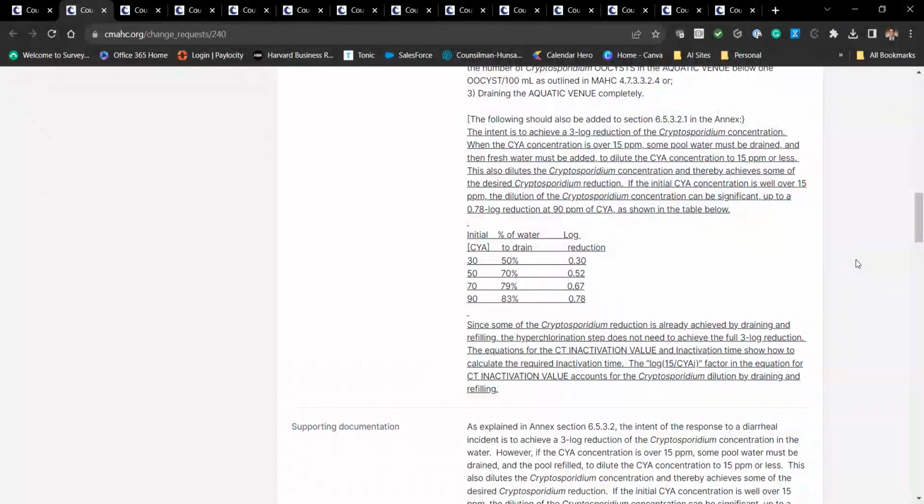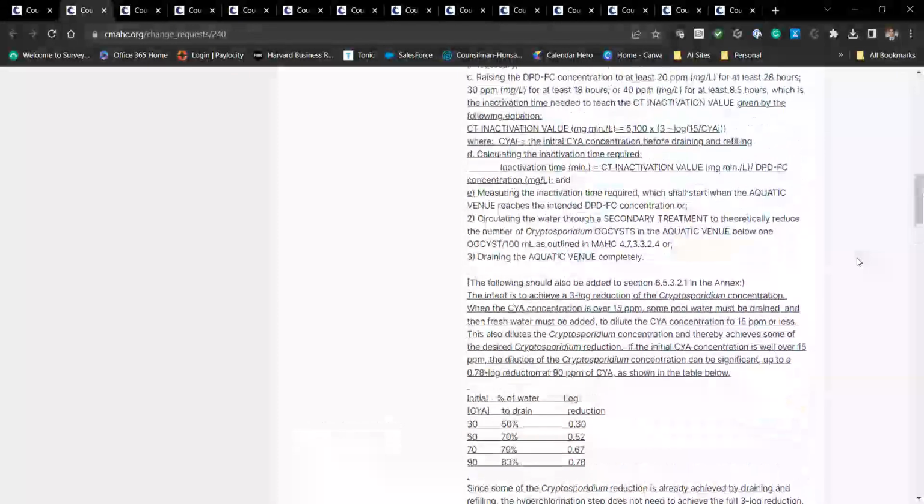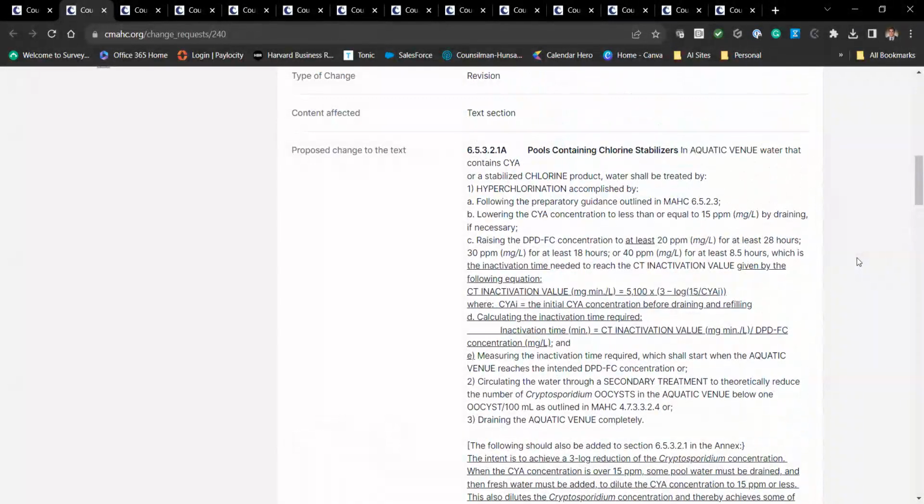And then I ran through the proposed language of 65321A. C1C has the calculation, the math that you would need to do: CT inactivation value, milligram minute per liter, is equal to 5,100 times parentheses 3 minus log 15 divided by cyanuric acid initial concentration.